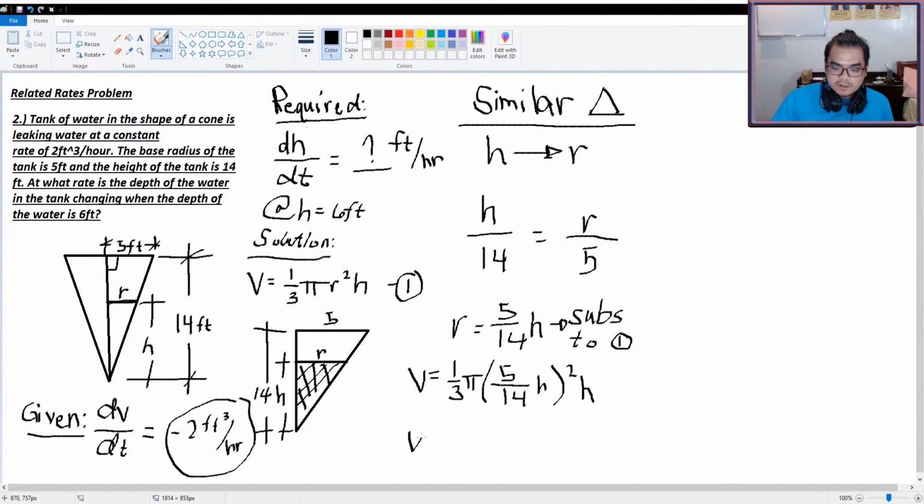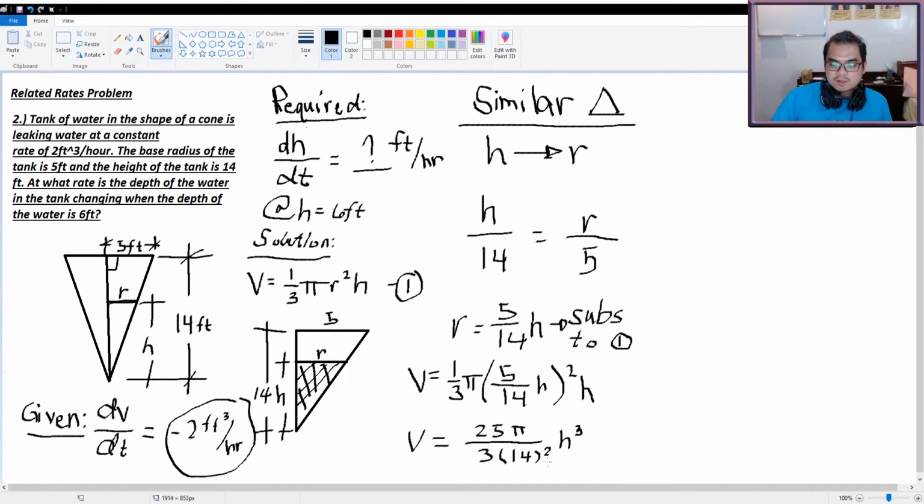Simplifying that, you'll have 25 pi, that's 5 squared, over 3 times 14 squared, times h squared times h, that is h cubed.